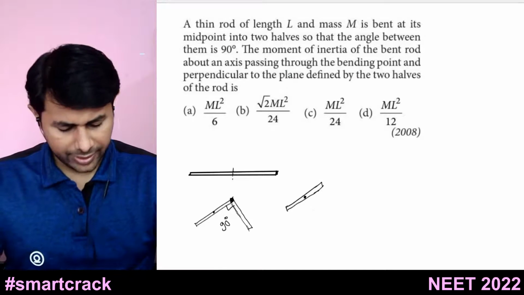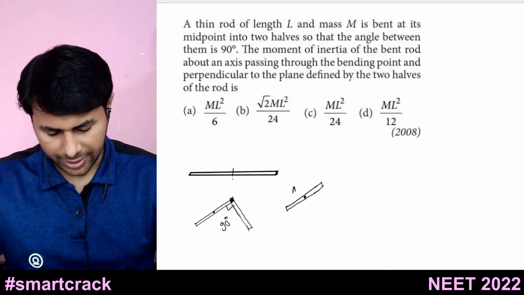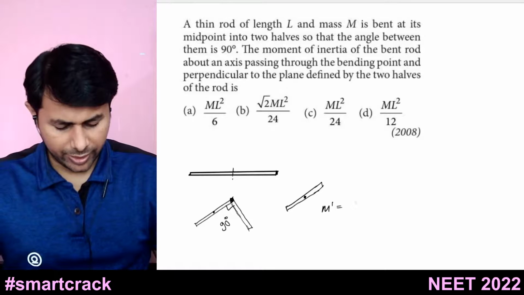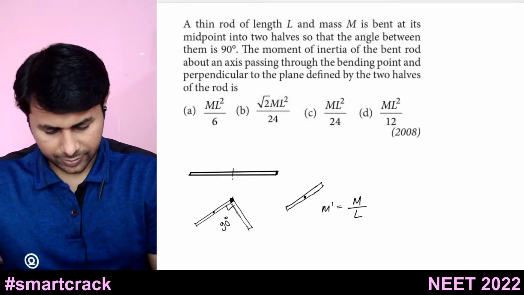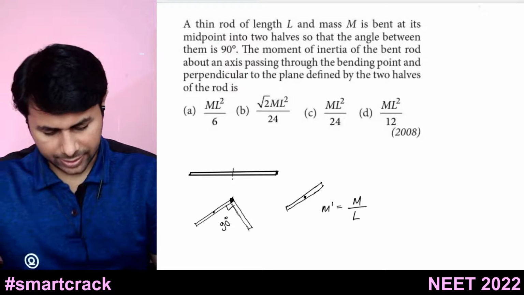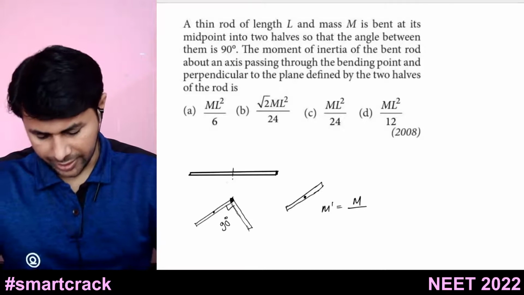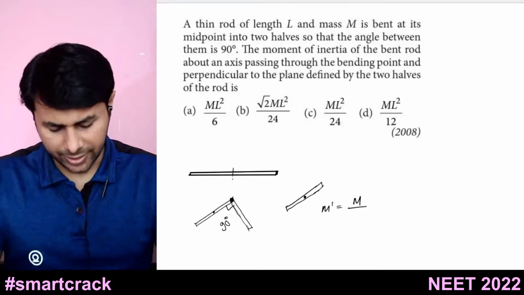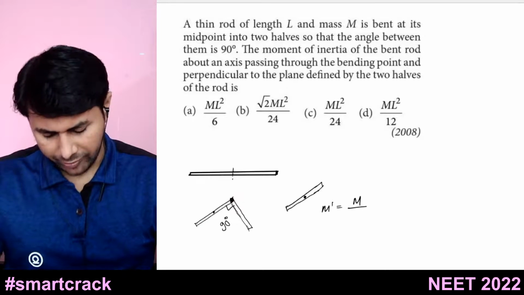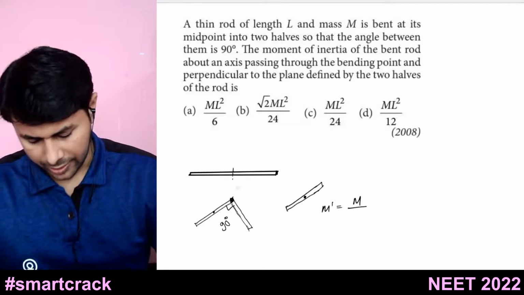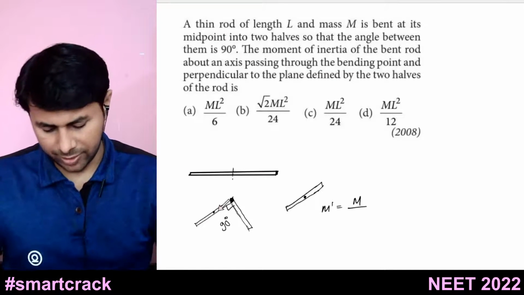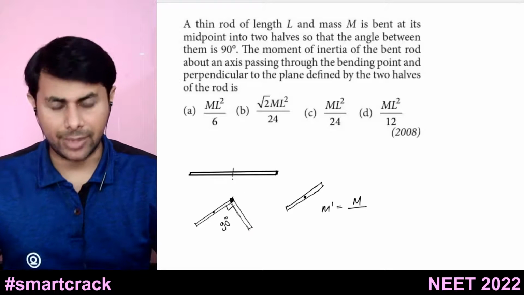Suppose its mass is m dash. For this one, m dash will be equal to what? The length of the rod is L, and you have bent it into two parts. So the mass of one of them will be M by 2. The total mass is m, you bend it in two parts, so the mass of this one will be m by 2, and the mass of this one will be m by 2.